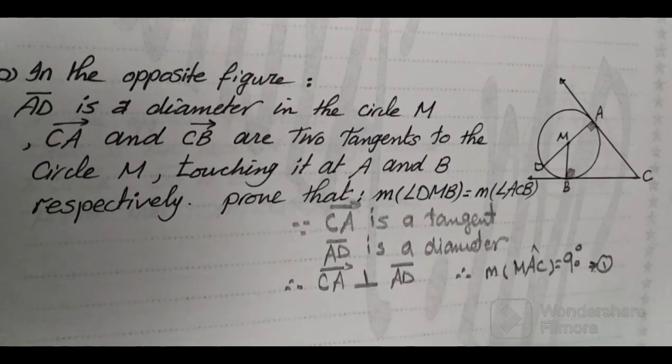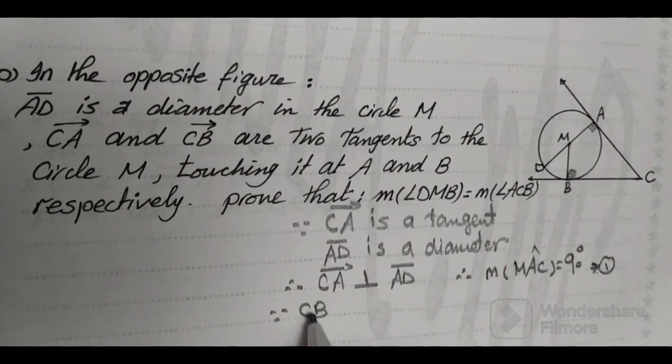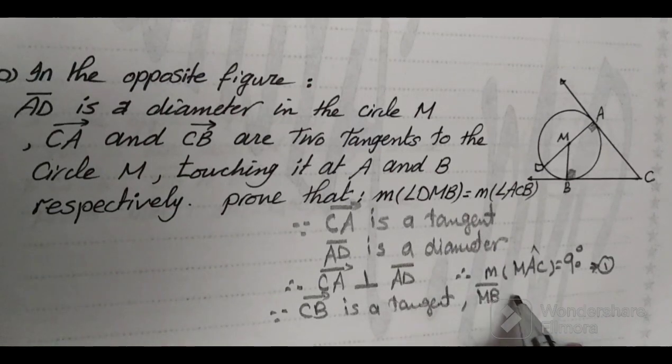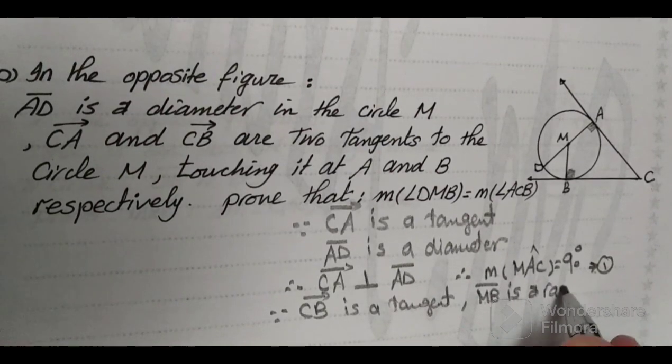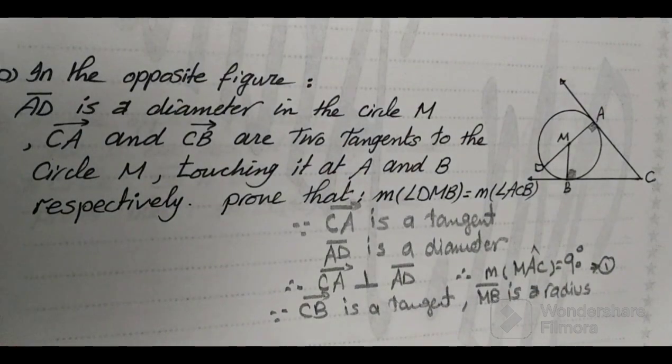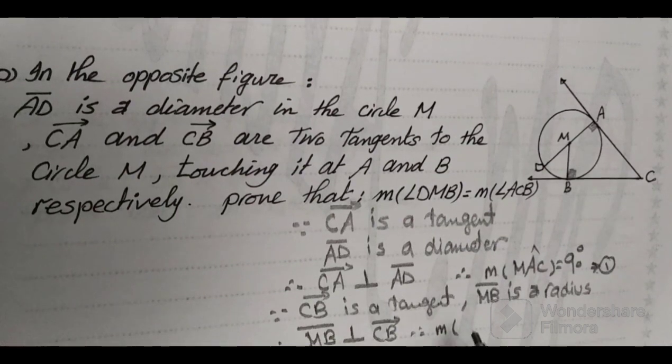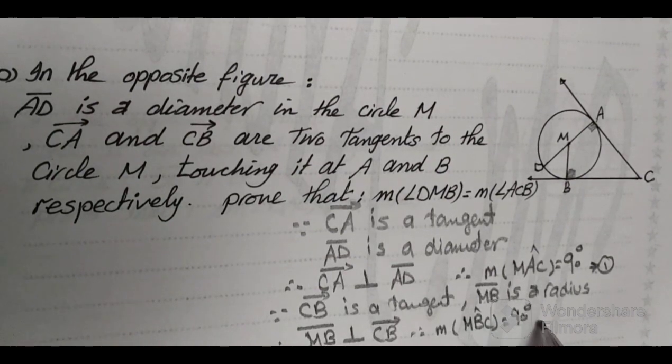Number 1. Since CB is a tangent, MB is a radius, therefore MB is perpendicular to CB, therefore the measure of angle MBC equals 90 degrees. Number 2.